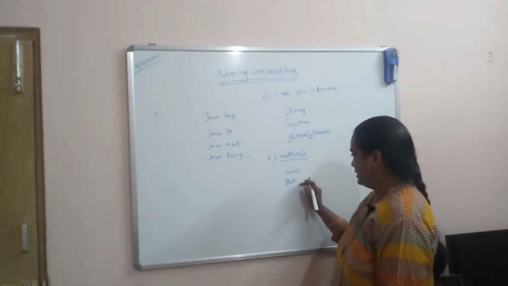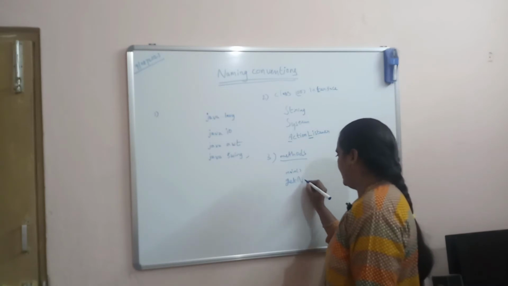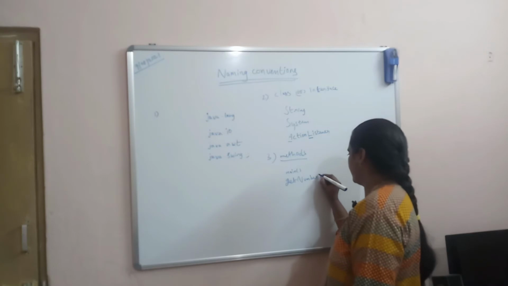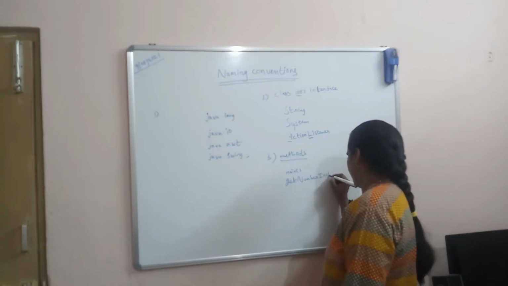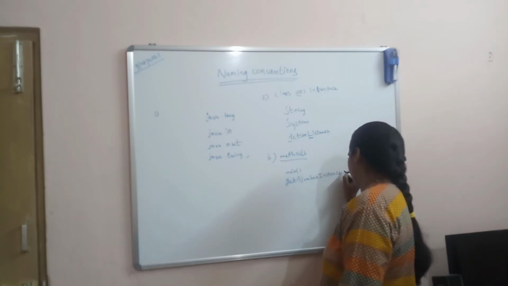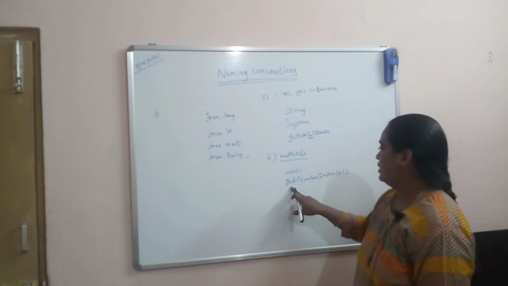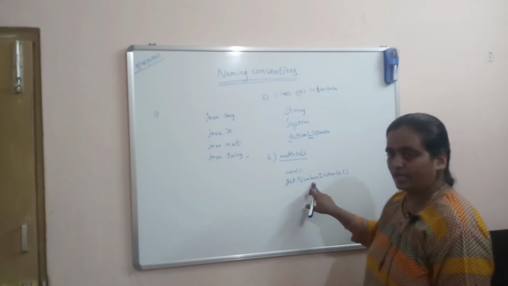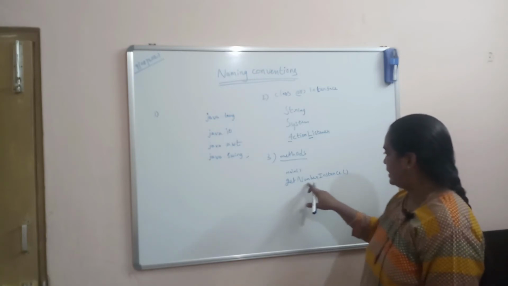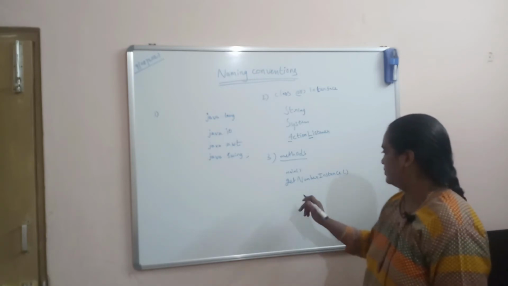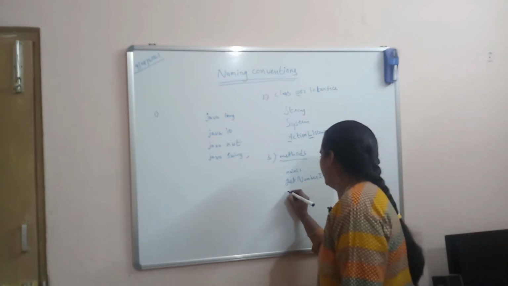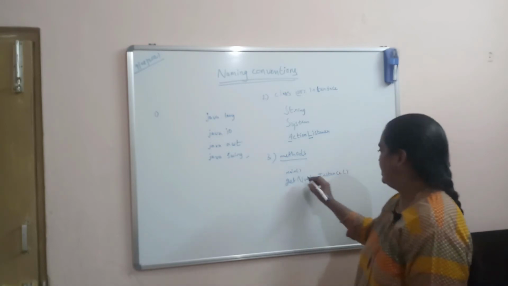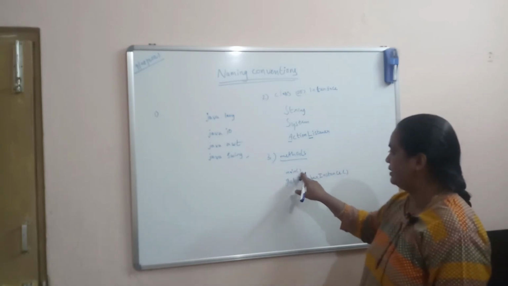Take a second method name, getInstance. The first word starts with a small letter, and the second word starts with a capital letter.